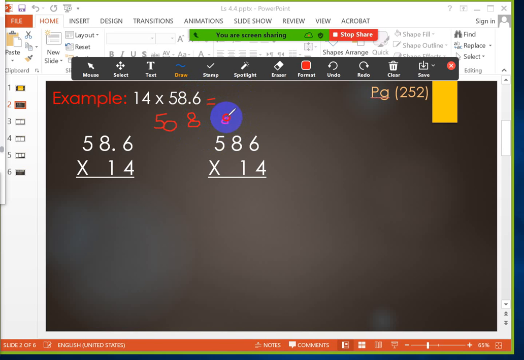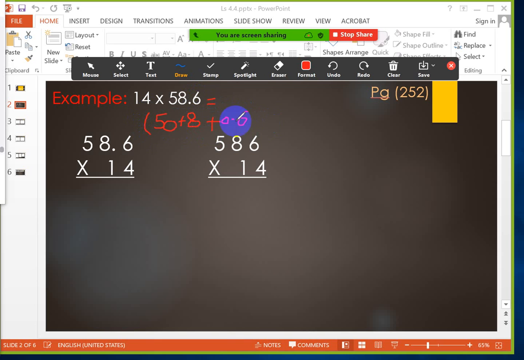Is 0.6. Why is 0.6? Because 6 in the 10th, the first digit after the point. So the value of the number in this digit, the value of the number in the 10th digit is 0.6 here, because the number is 6. This is the expanded form for this number.